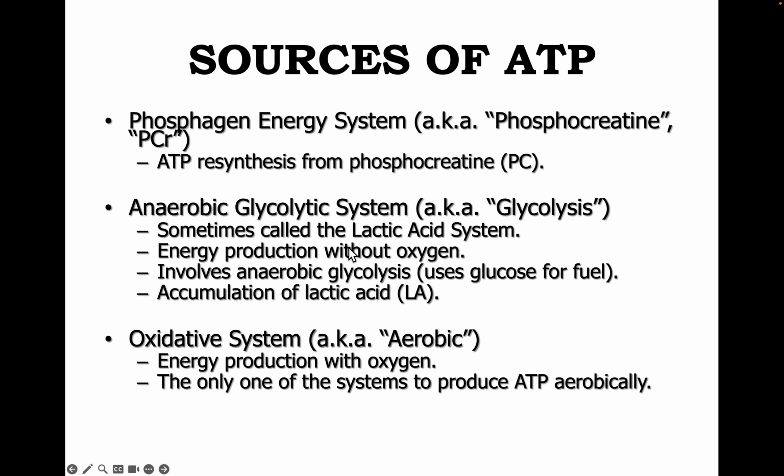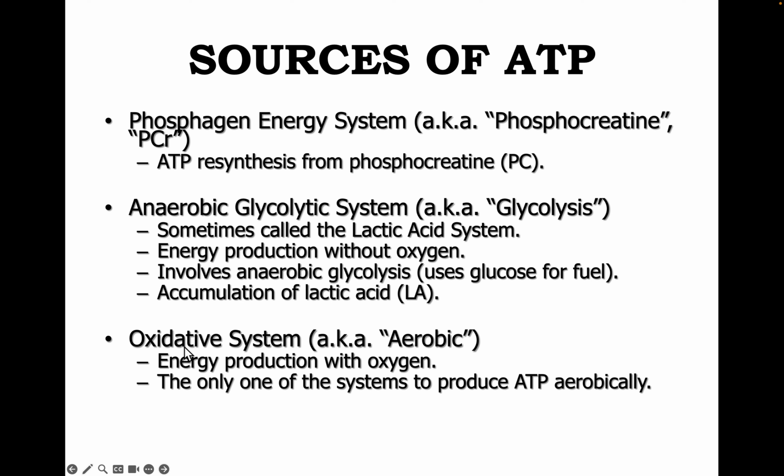Now, this anaerobic glycolytic system gets working in high gear, meaning it's used very rapidly and very often. Lactic acid can accumulate as a byproduct of anaerobic glycolysis, and we'll talk about why this might actually be a good thing later on in the PowerPoint slide set. And then the third source of ATP is our oxidative system, otherwise known as our aerobic energy system.